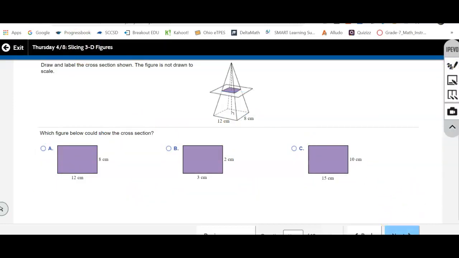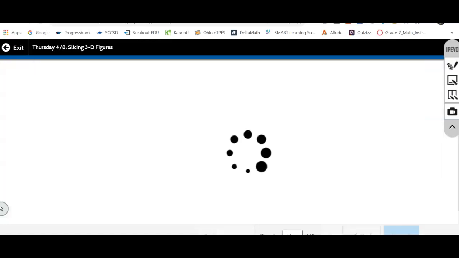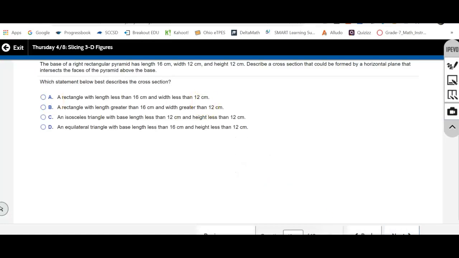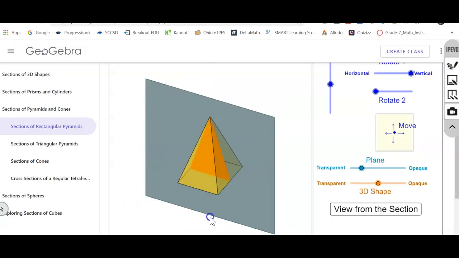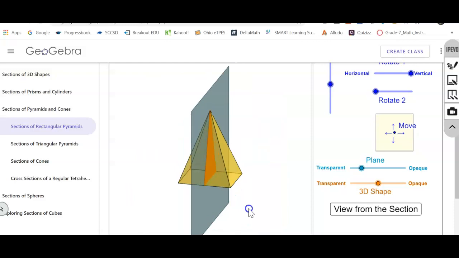And then you have some with no pictures. So they're just describing what you should do. So it says the base of a right rectangular pyramid. So come back here and go right rectangular pyramid. That's this. This is a right rectangular pyramid.